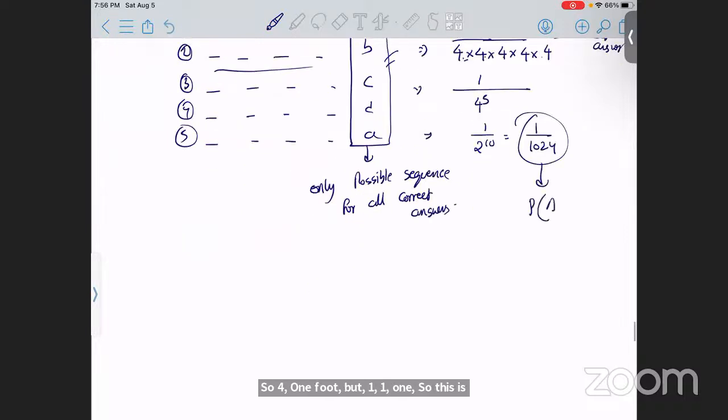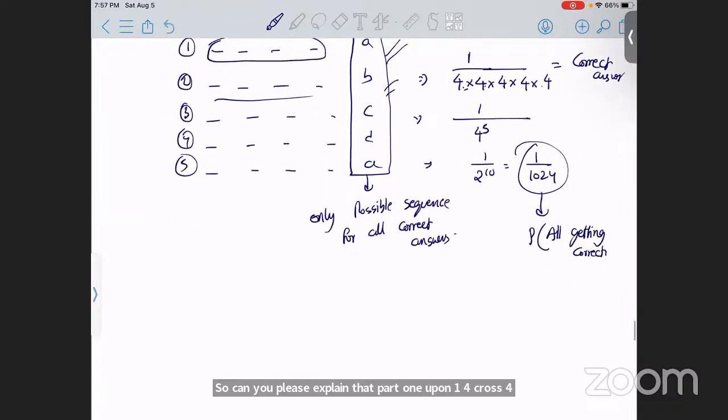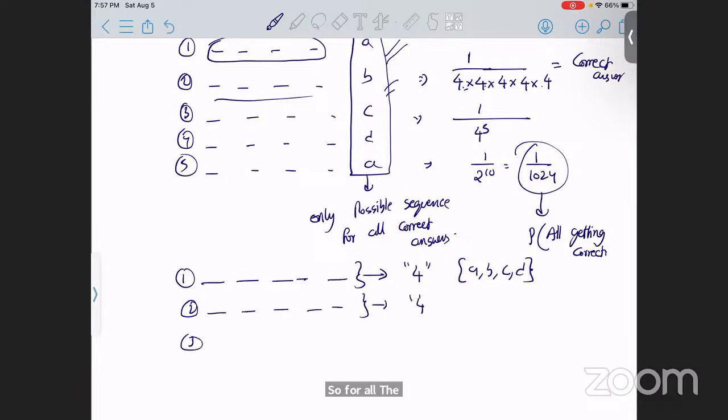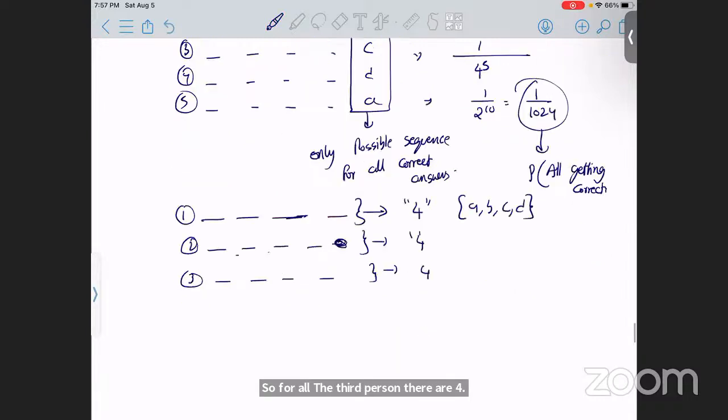Can you please explain that part, 4 cross 4? Look, the first question has 4 options, 1, 2, 3, 4. The student can take any of 4 options, A or B or C or D. For the second question also there are 4 possibilities, and the third, fourth and fifth questions also have 4.